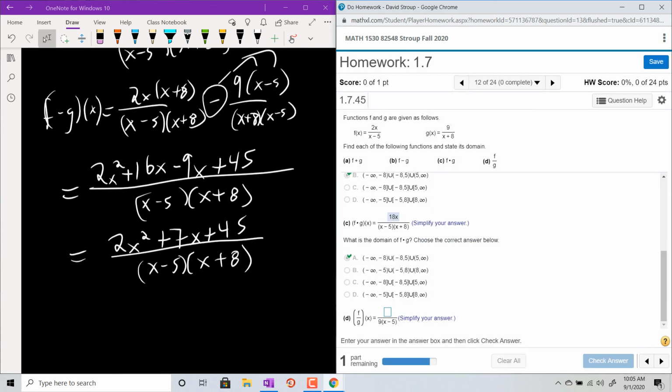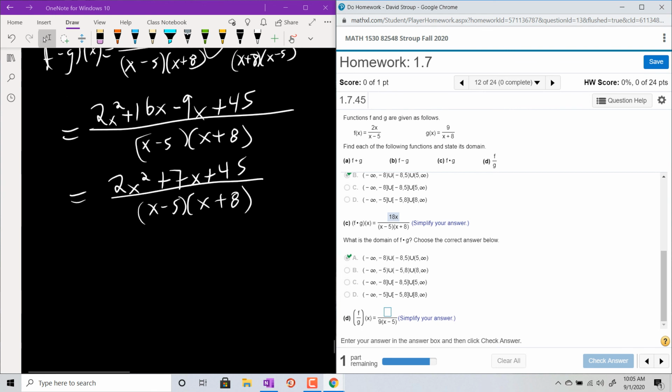And then finally, f divided by g of x. The domain will be exactly the same, except we have to exclude anywhere where g of x would equal 0. We'll get to that eventually. Anyways, f divided by g of x is 2x all over x minus 5 divided by 9 over x plus 8, which is the same as multiplying by its reciprocal, x plus 8, all over 9.